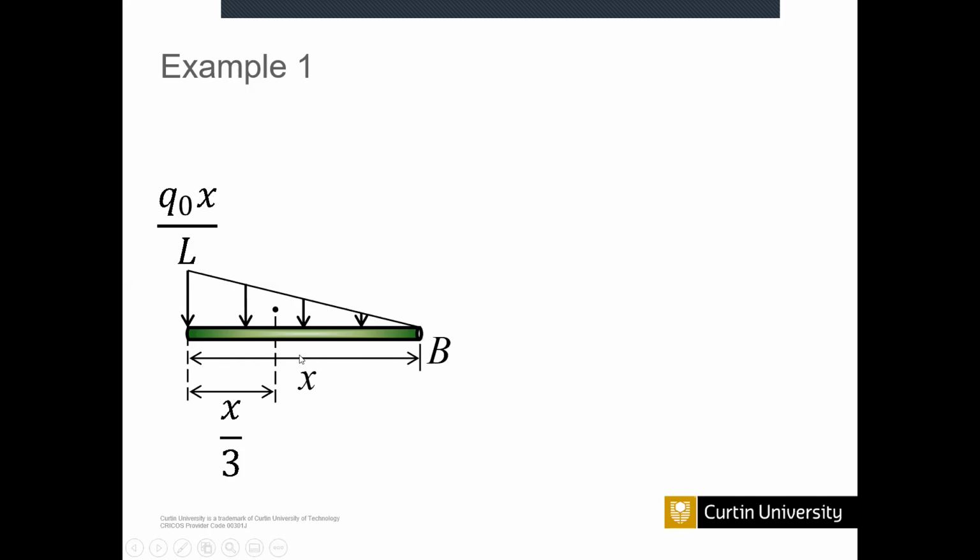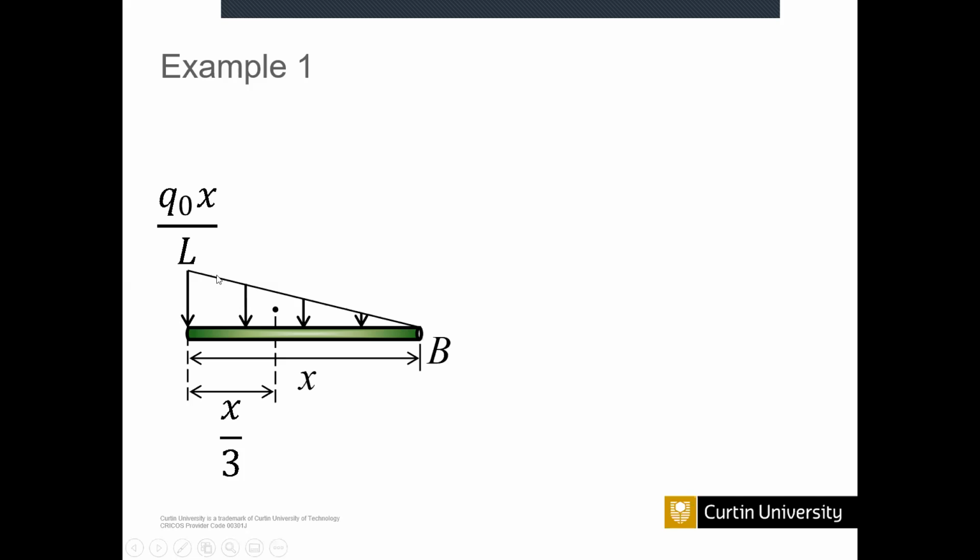Now, if you have a distributed load, it is very difficult to find the bending moment directly. So you need to find the equivalent point load for that distributed load. Normally the equivalent load is applied at the centroid of the distributed load.